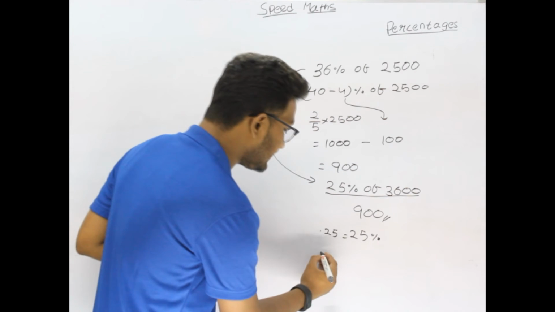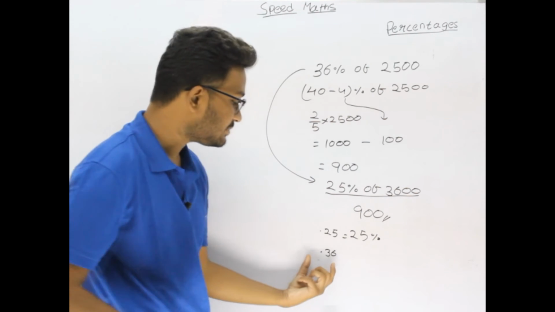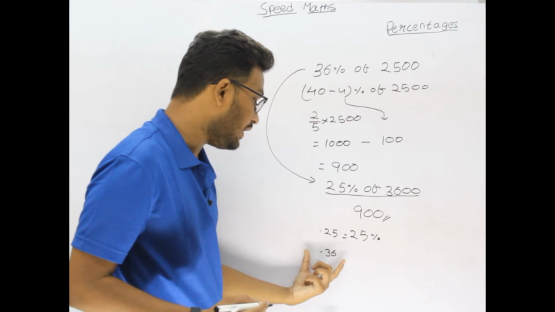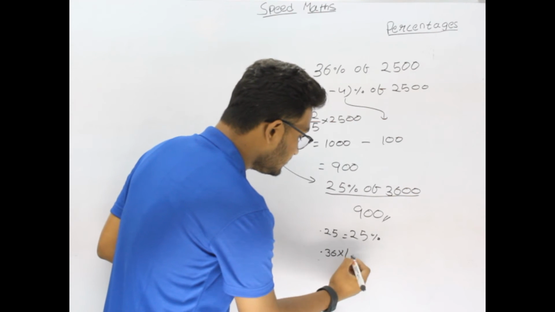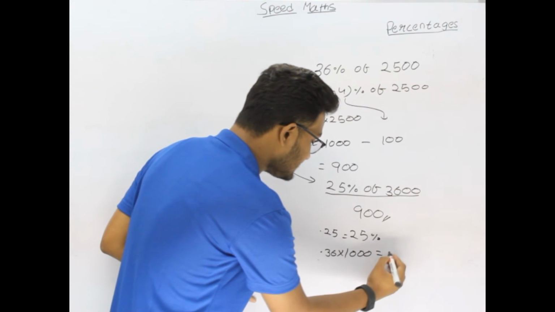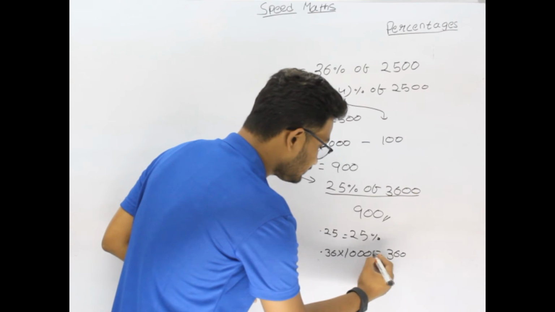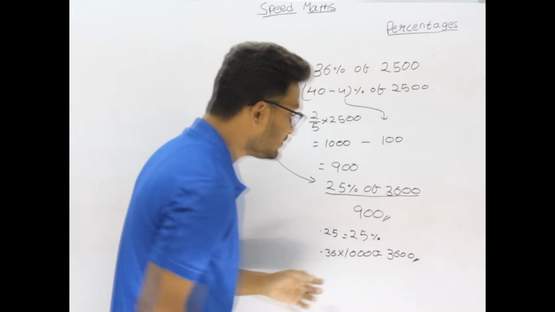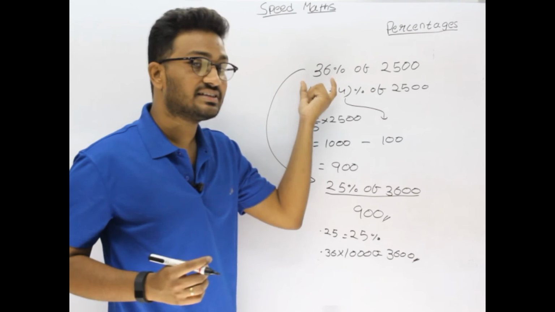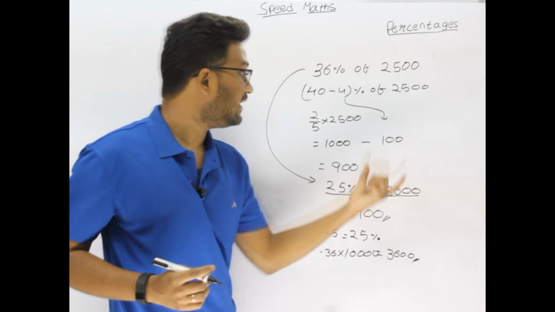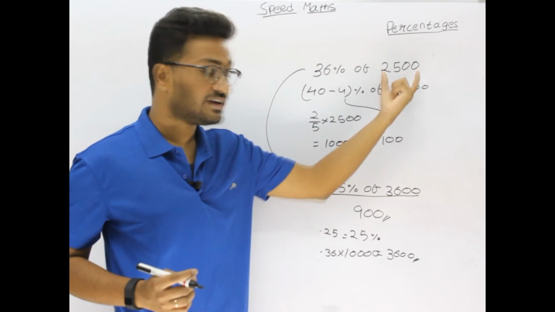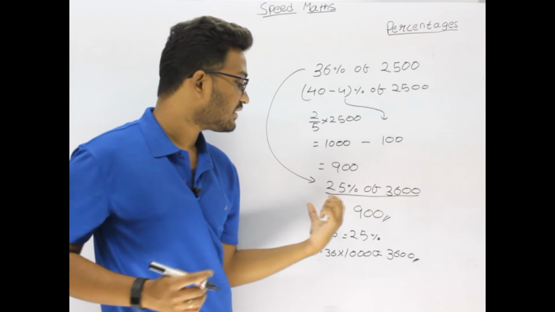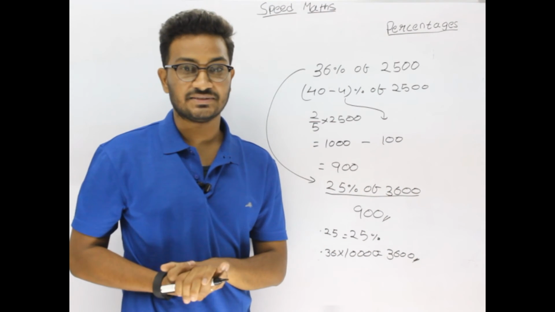What is 36% actually? 36% is 0.36. Now after multiplying with 10,000, we get the answer as 3600. So we converted this 36% to a number and this 2500 to a percentage and calculated directly and even faster.